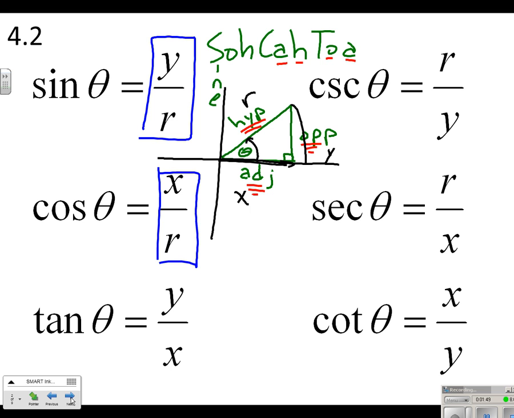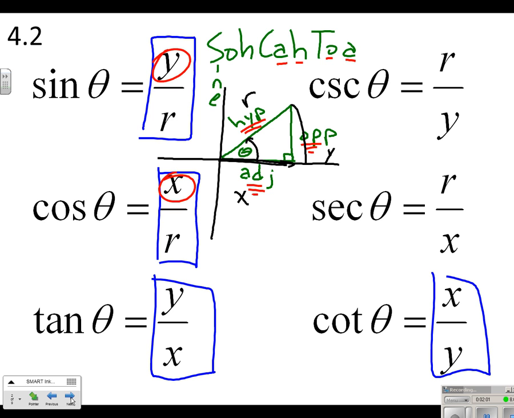Sine and cosine are cofunctions, and what happens with cofunctions is x's and y's switch places. So tangent is y on x, cotangent is x on y. Look what happened: what was a y became an x, and what was an x became a y. They're cofunctions.